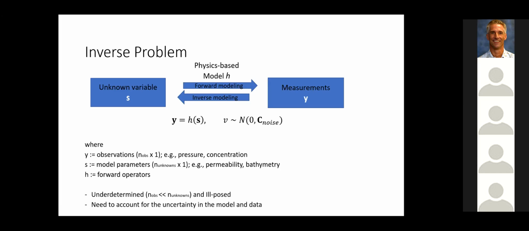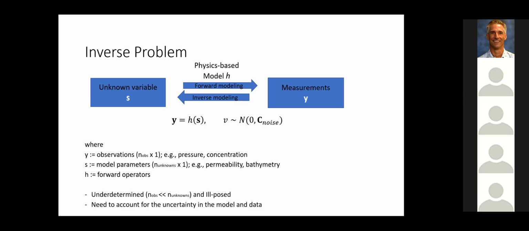And this inverse problem is very challenging because, first, usually the number of unknowns we would like to reconstruct is the number of grid cells in the numerical model, but the number of observations is much smaller than that. And this is called an underdetermined problem.